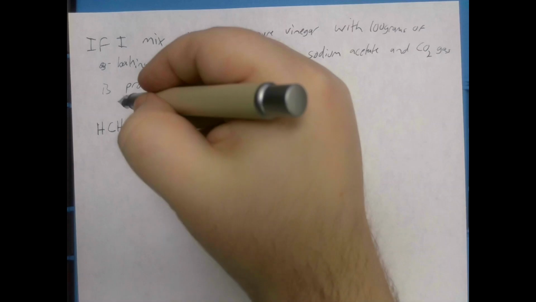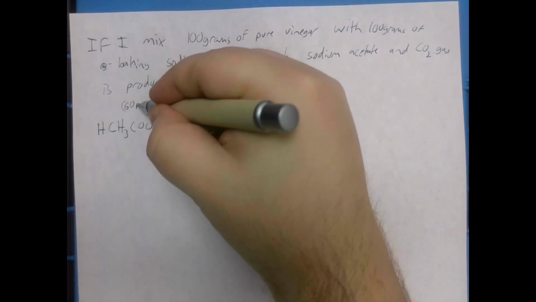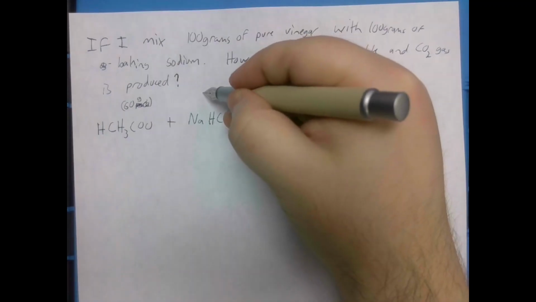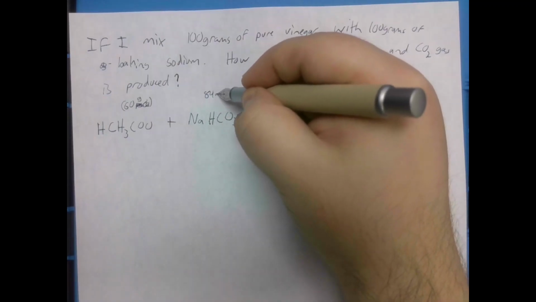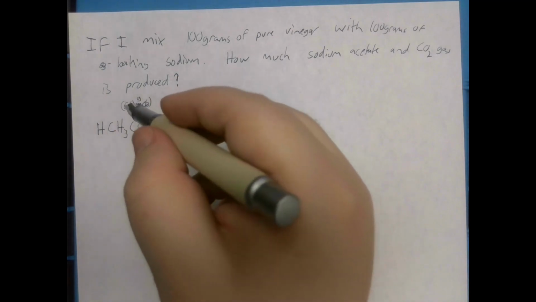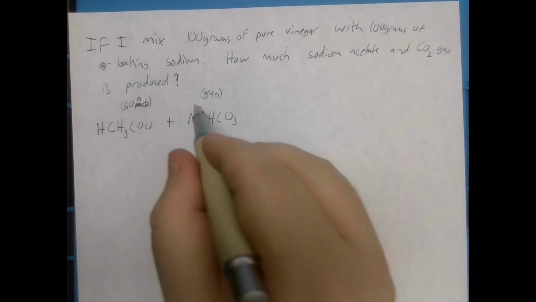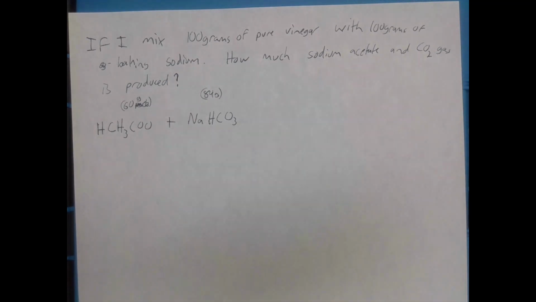So we know the ratio is 60 grams to 84 grams, and I'm rounding. So if I were to keep adding more and more to each of these, which one would reach 100 first?